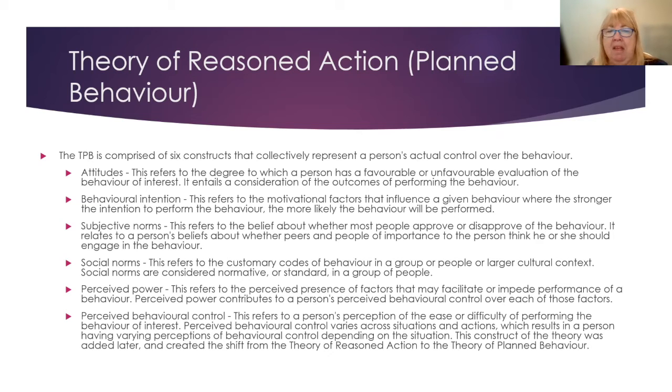So it's what the person brings into it, about whether people approve or disapprove of the behavior, and what their friends and people who are important to them think. And then the social norms, looking at what the wider society thinks.